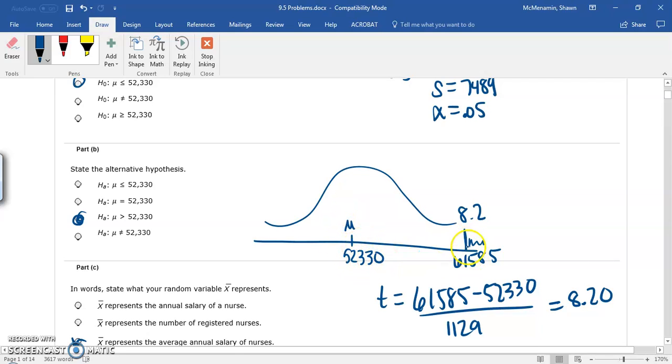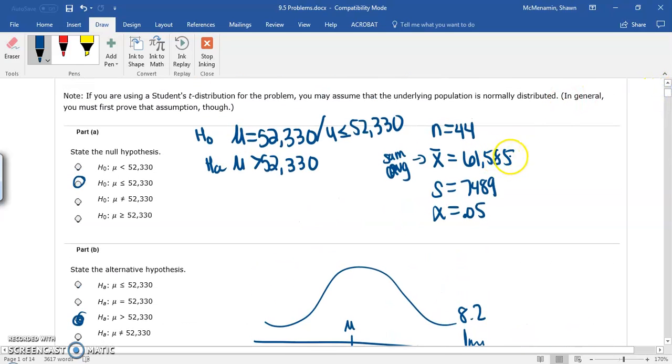That is possible, but it's highly unlikely. What's more likely is that the population mean is not actually at 52,330, but much higher. Because to get a sample of 44 nurses and their average to be that high, it's more likely that the population mean has shifted and it's higher.